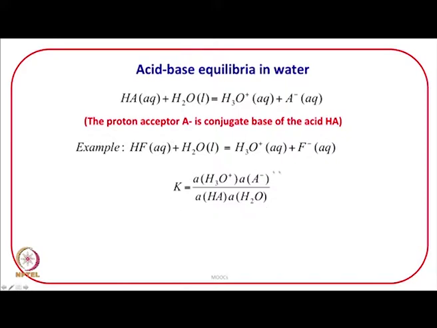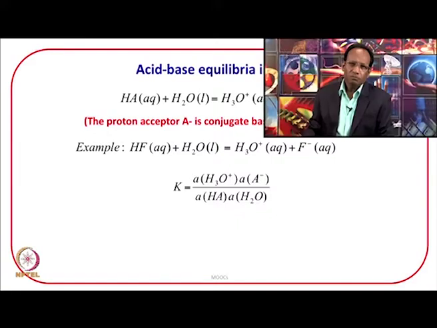It is also worth noticing again that equilibrium constant is expressed in terms of the activities. Water is in excess over here. Generally we deal with dilute solutions in aqueous solution, and the activity of water is taken as unity.